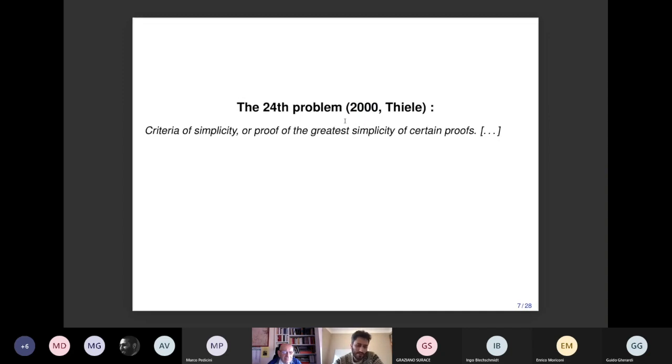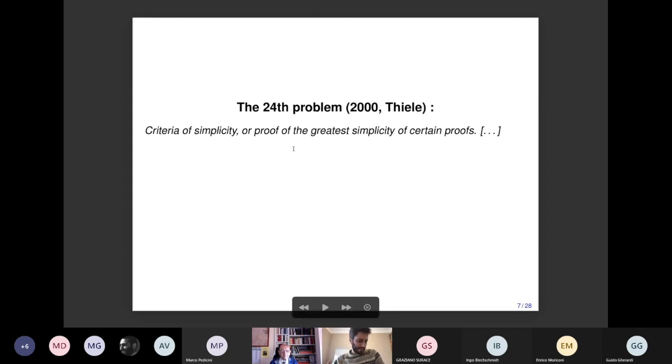And there was this question which has not been asked either at the conference or in the paper in which he wrote all the problems. And so we'll read the question, and I will tell you why I think that this question had not been asked. So the 24th problem asks for a criterion of simplicity for proof.